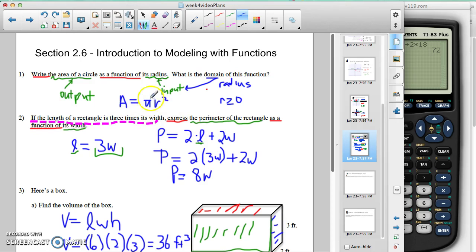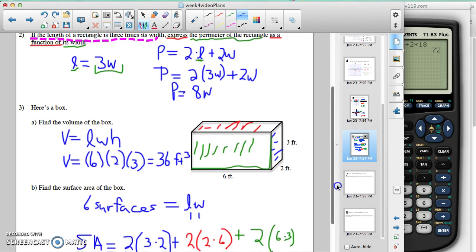So in some statements there's no relationship other than writing the function or writing a variable as a function of another variable. Or if they ask you to do a relationship, you may need to do a substitution to get the volume or perimeter.